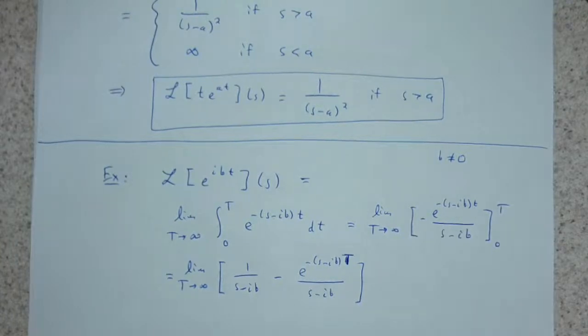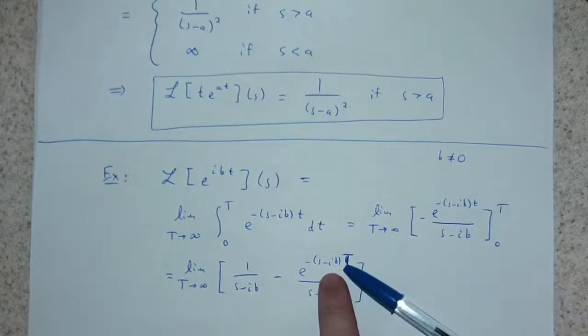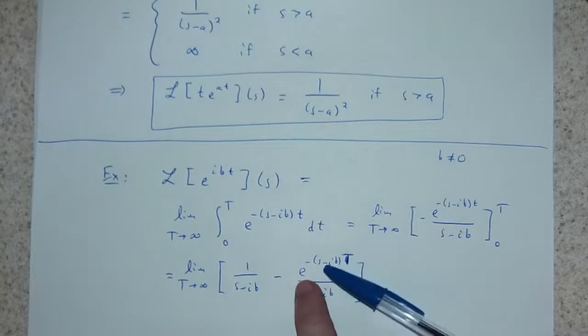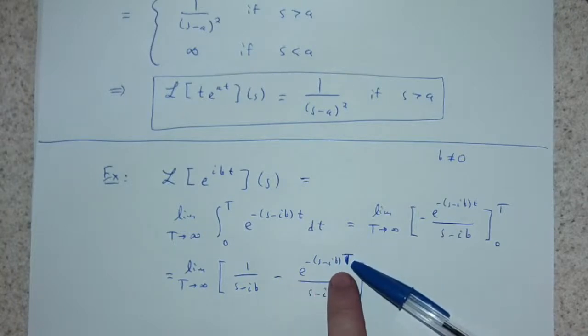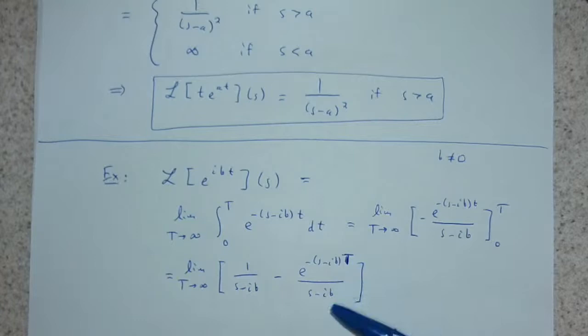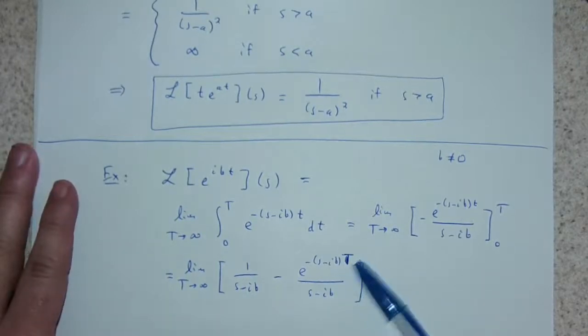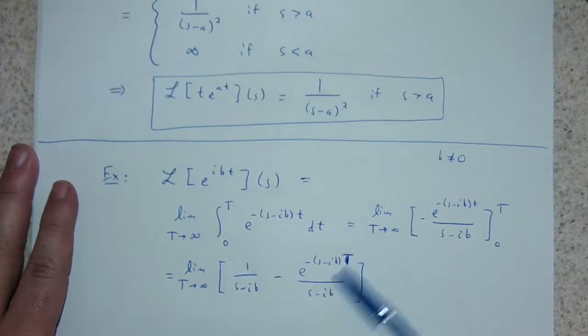All right. So then what do I get here? So this s I'm taking as a real parameter. This ib, if b is not 0, is some complex thing. So this minus ib to the big T term, you can take as going to 1 on its own because it's going to e to the 0, which is just 1, so that's not going to affect anything.